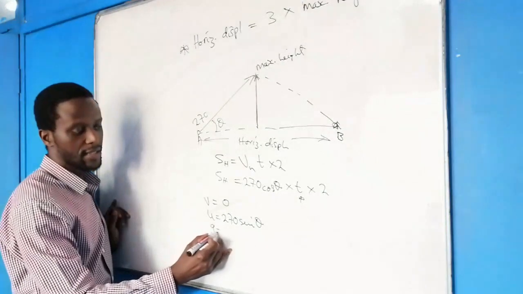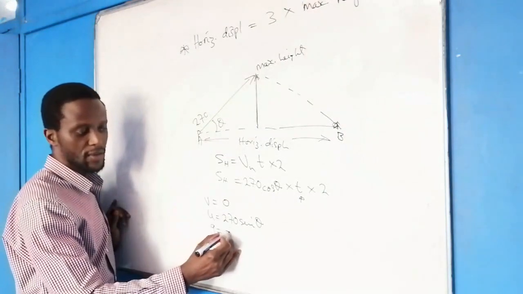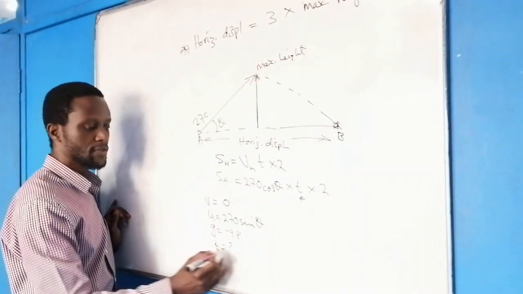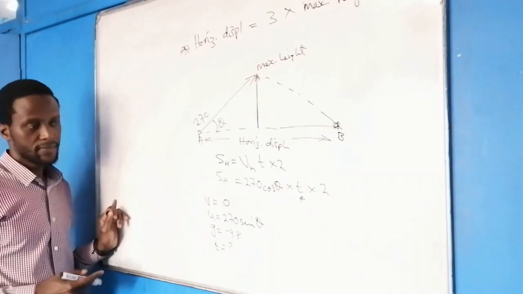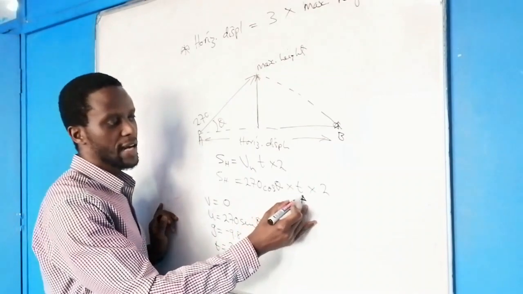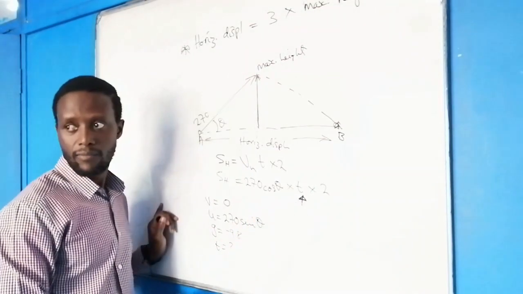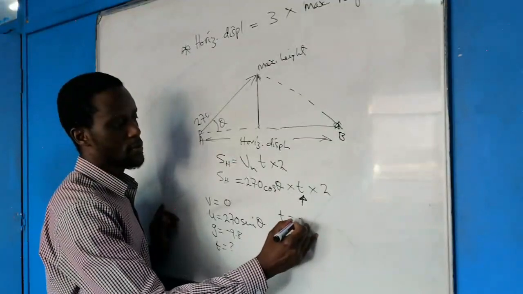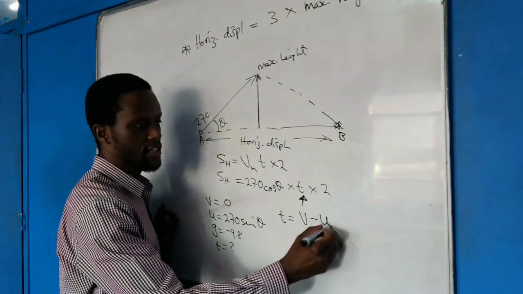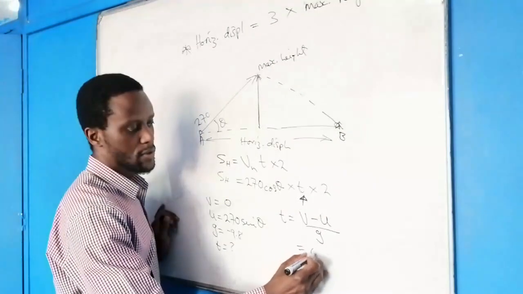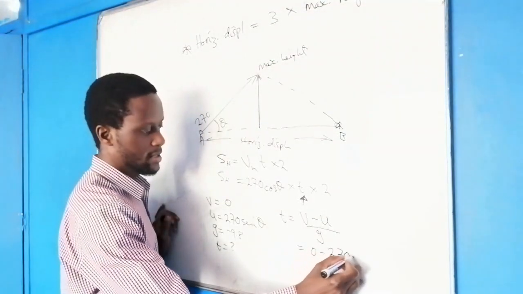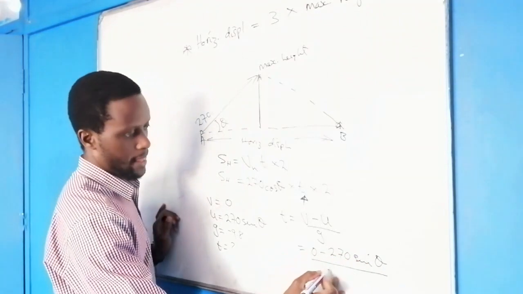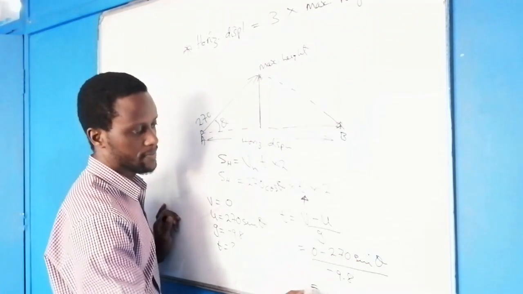Vertically, since you are going up, gravity is going to be negative 9.8. Then t is what we are solving for. With this, we say t is equal to the final velocity minus the initial velocity over gravity. We'll say 0 minus 270 sine theta over negative 9.8.